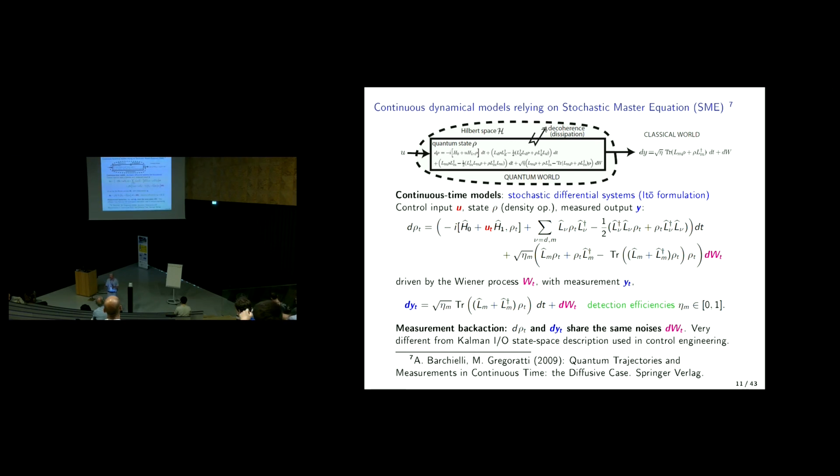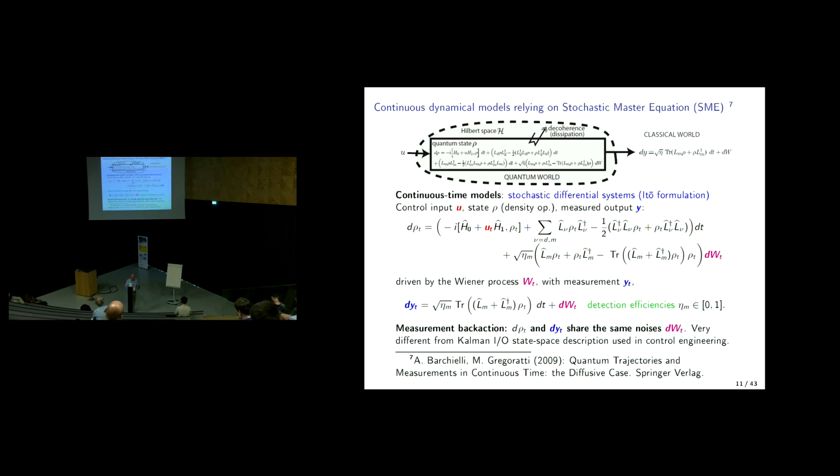In continuous time, either you have Poisson noise or Wiener noise. In the Wiener case, you have dW. Here you have rho. You have a deterministic evolution of rho. You recognize here the Hamiltonian, and here it corresponds to decoherence. And here you have some noise. And this is the output map.